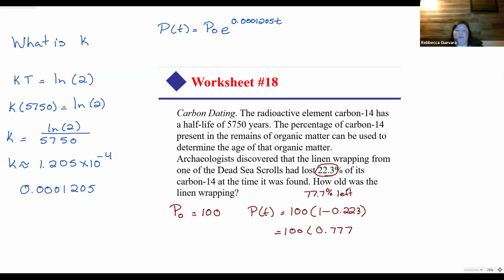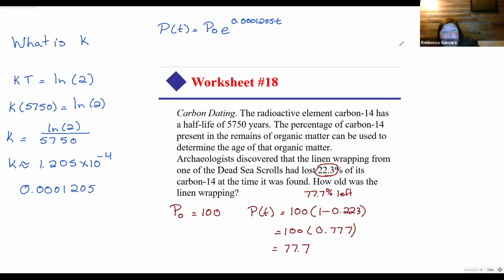So that's what we lost, but this is what we should have. So if I had 100 carbon-14, then what should be left is 77.7. So if we want to figure out how old that wrapping is, we have pretty much everything we need to figure that out.